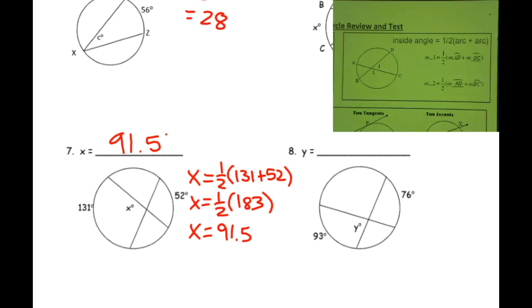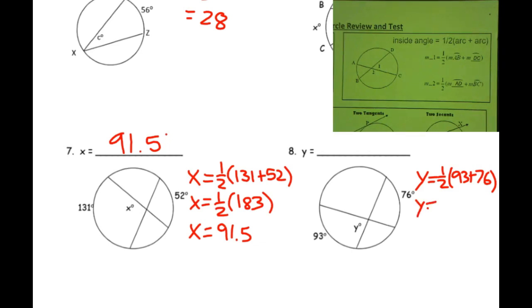And then similarly over here on number 8, not central, but inside angle. So y equals 1/2, arc plus arc, 93 plus 76. So we add these together.